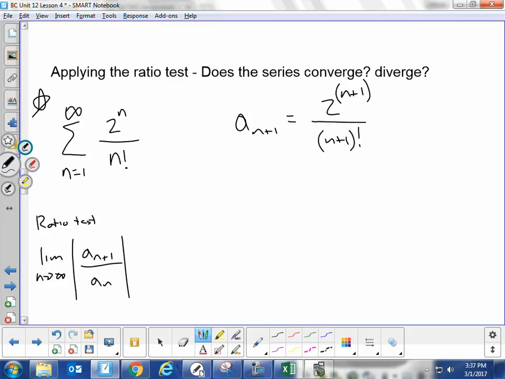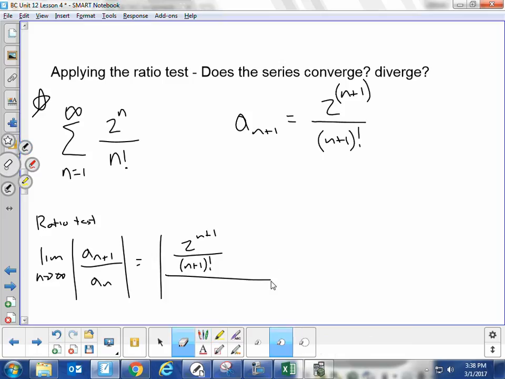it's very useful. So this is going to be the absolute value of 2 to the n plus 1 divided by n plus 1 factorial, all over a to the n, which is just 2 to the n divided by n factorial.